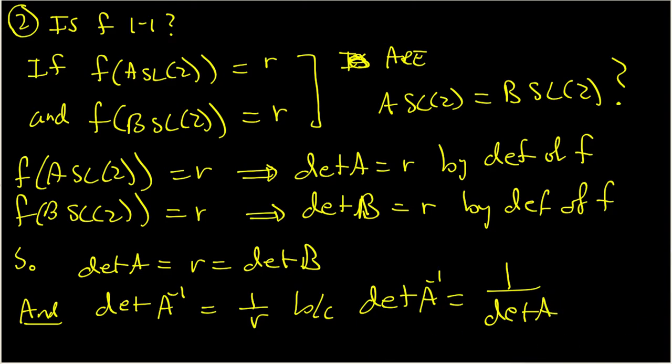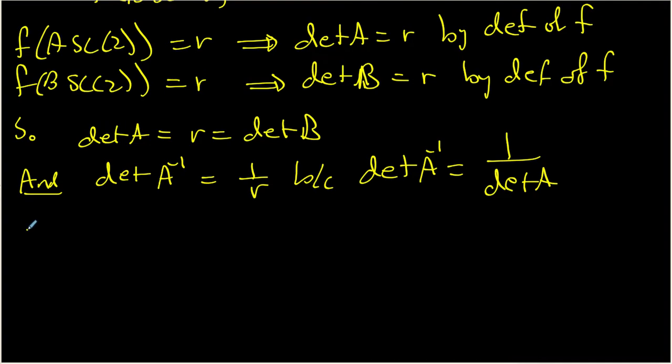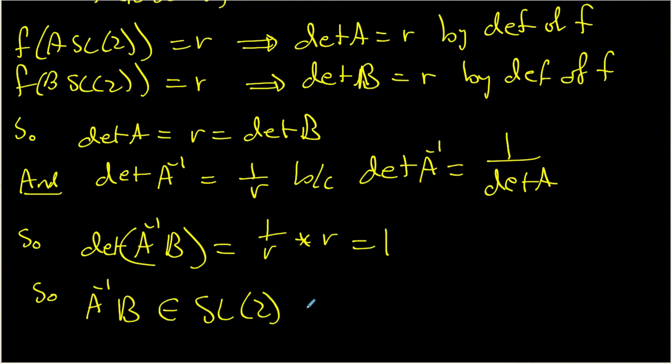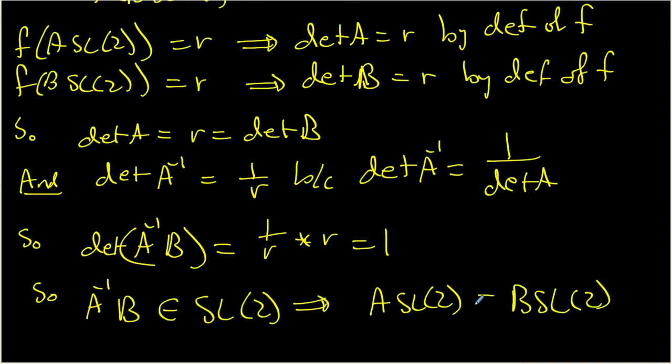And this then says that we know that the determinant of A inverse times B is equal to 1 over r times r, which is 1. So A inverse times B does indeed belong to SL2, and that's enough to say that this left coset and this left coset are equal as sets.